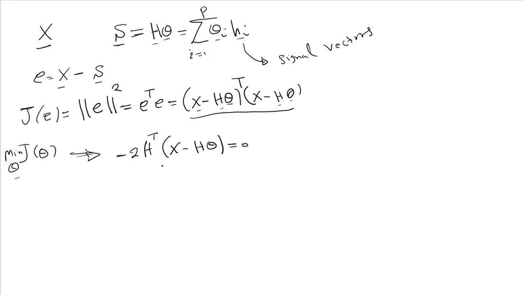I call this the orthogonality principle. This is the error and this is the signal vectors. An error must be orthogonal to the signal vectors. Orthogonality principle.